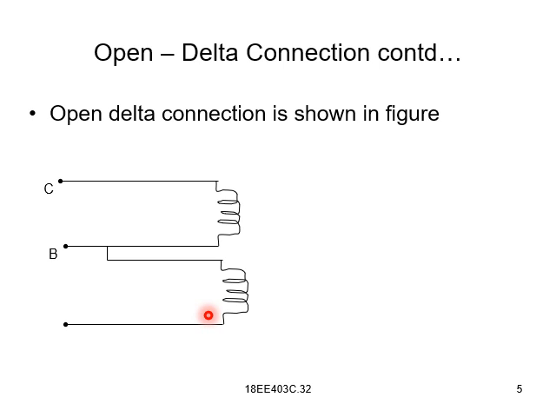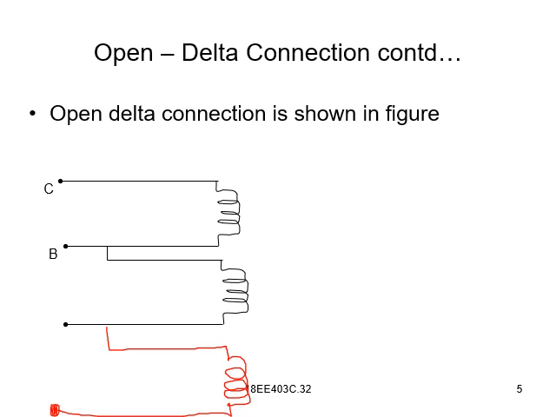So in open delta we have only two phases and it is not a continuous loop. So you can see here the connection. This is one phase and next to the other and finished. And if it is a three phase, there will be another circuit like this.